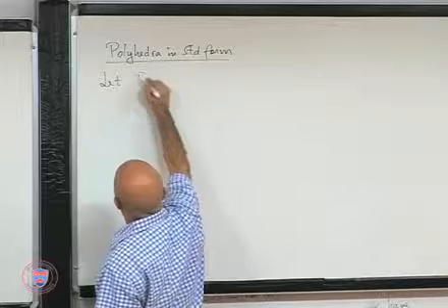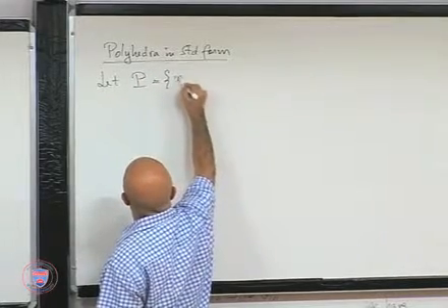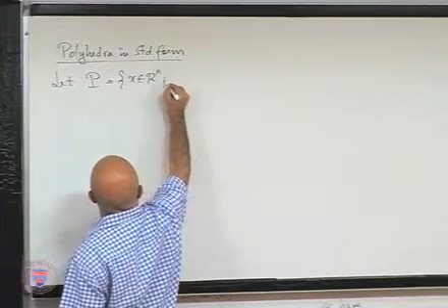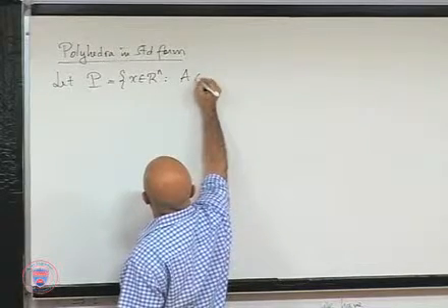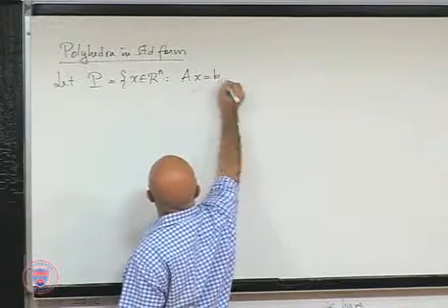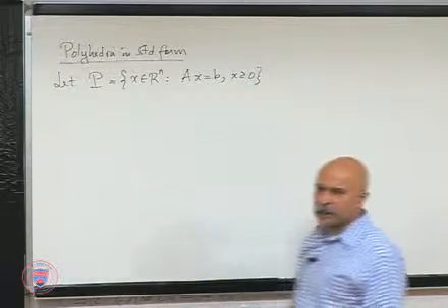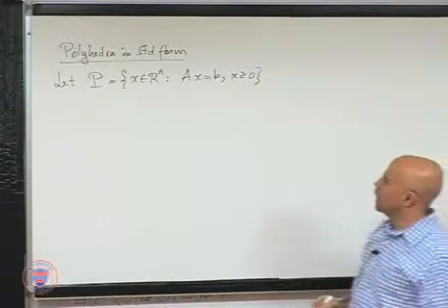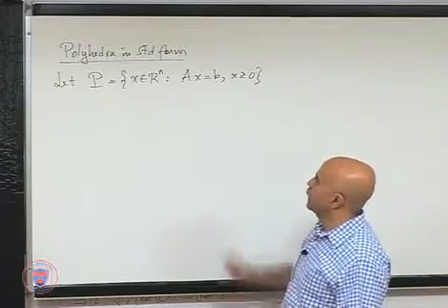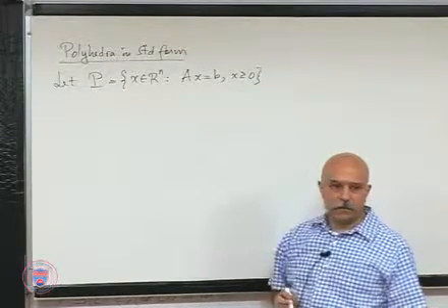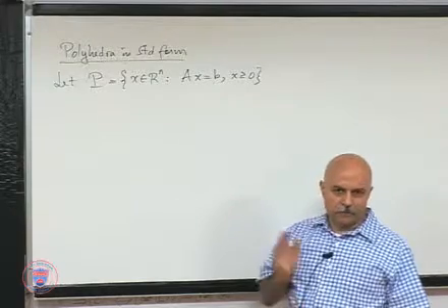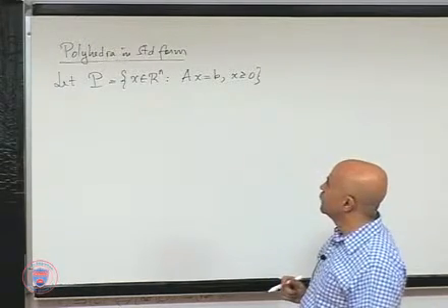Let's define P to be the set of points x for which Ax equals b and x greater than or equal to 0. That's the standard form polyhedron. Equalities and non-negativity on the variables, okay?